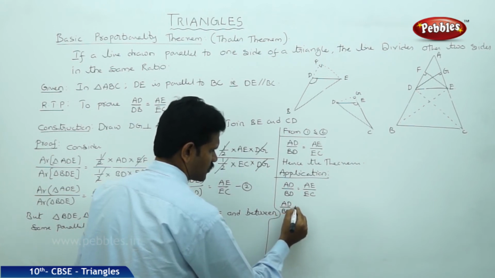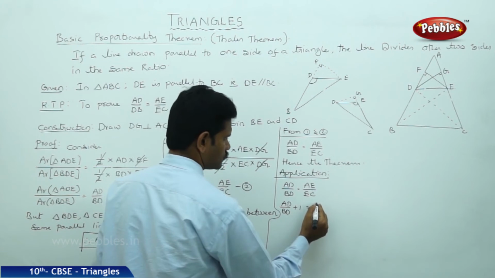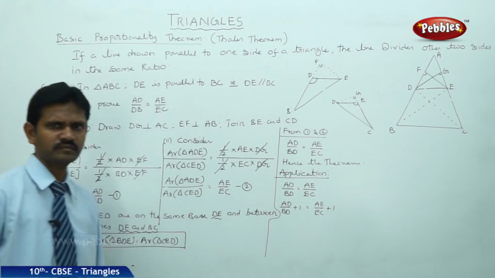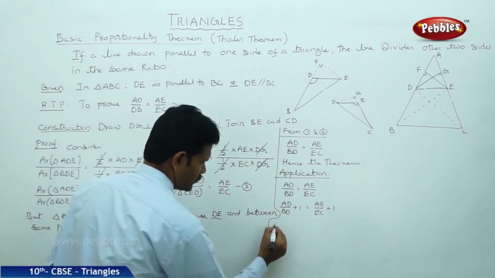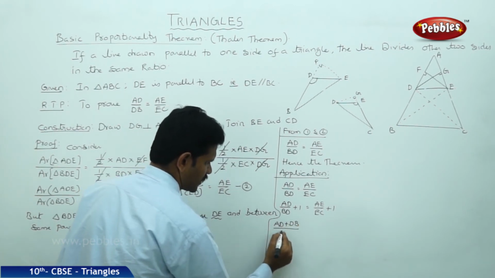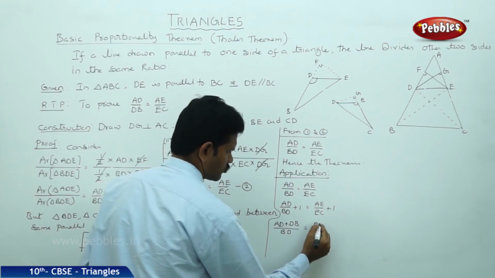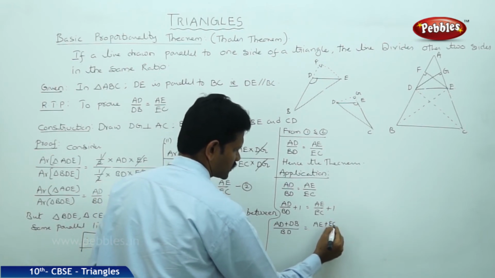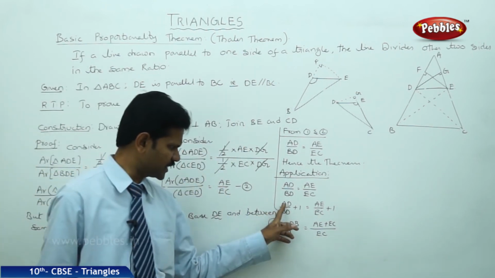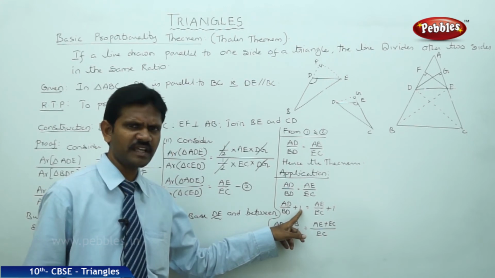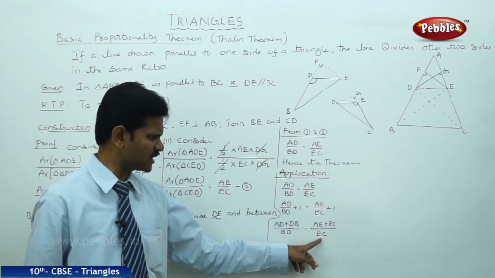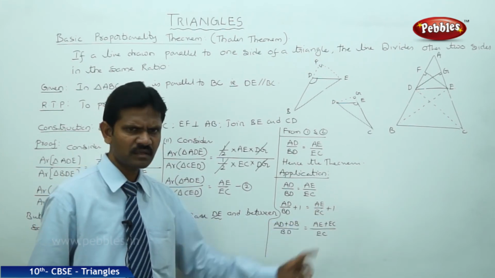AD by BD plus 1 is equal to AE by EC plus 1. Now, taking LCM, AD plus DB by BD is equal to AE plus EC by EC.